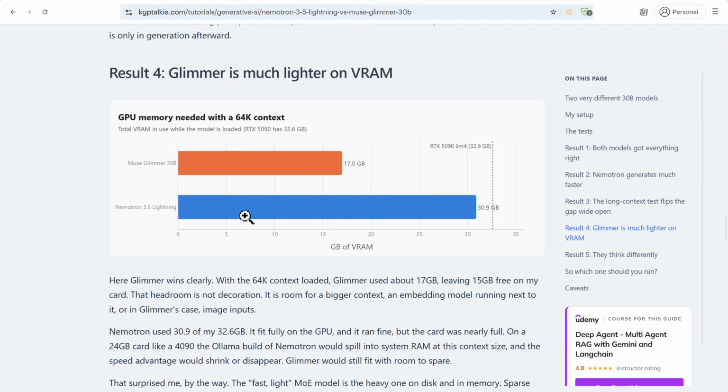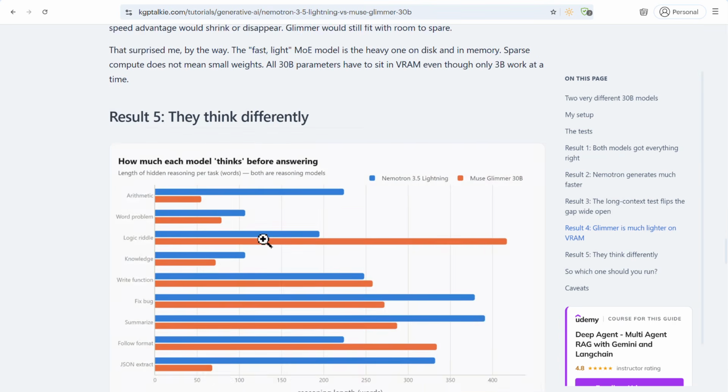So if you are limited with just, let's say, 24 GB RAM, or if you have just a 4090 RTX or any GPU which has just 24 GB of RAM, then in that case you will not be able to run the NVIDIA Nemotron 3.5 Lightning model, whereas Muse Glimmer can run on the smaller GPU as well. As of now, I have a 32 GB, because of that, it got filled here. Otherwise, if I had, let's say, 24 GB, then in that case, CPU offloading might have happened with my Nemotron model.